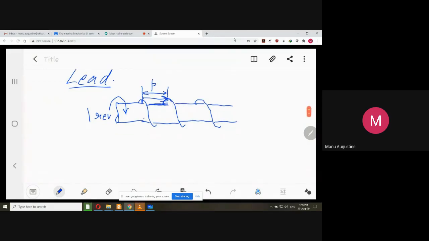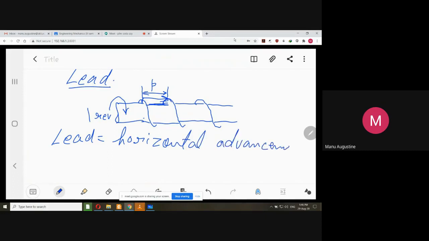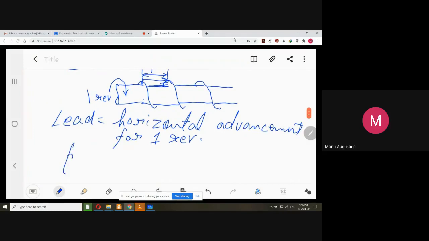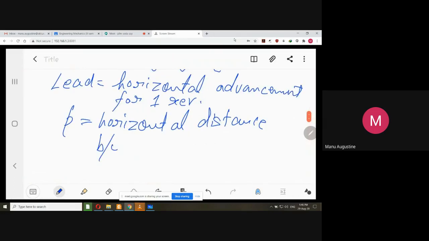So I will say that lead is equal to horizontal advancement for one rotation or one revolution, and pitch is equal to horizontal distance between two adjacent threads. Adjacent means sitting next to each other.